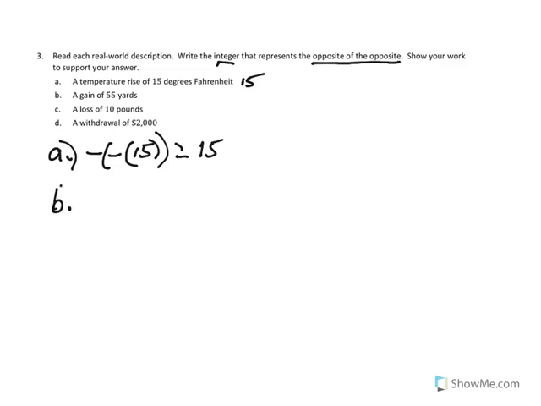B says, what is a gain of 55 yards? Well, we know a gain is positive, so that's 55. So you write the equation for the opposite of the opposite of 55. Okay, you've written that, and it equals 55, because the original number was 55. See, it's not that hard. Okay, what about C? A loss of 10 pounds.